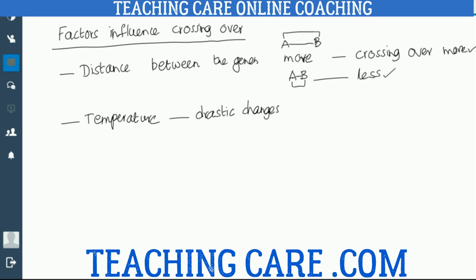If there are drastic changes in the temperature, it increases crossing over.